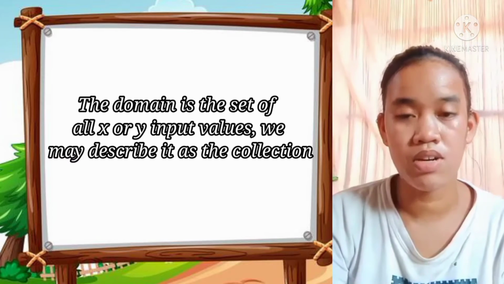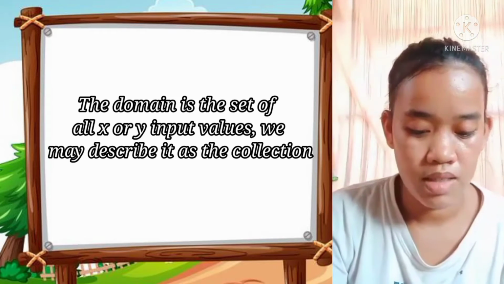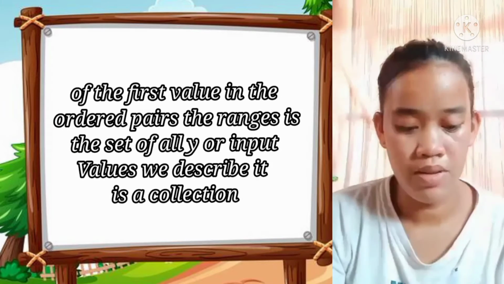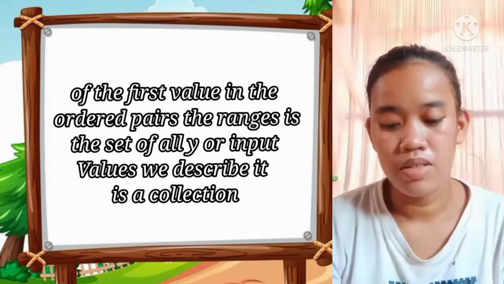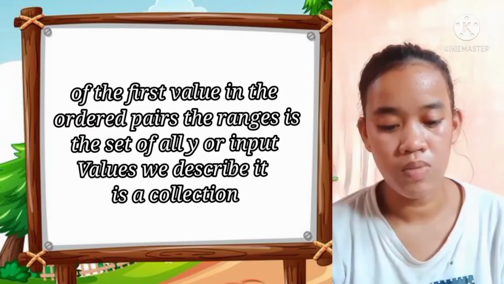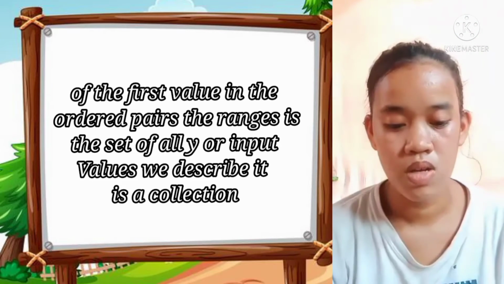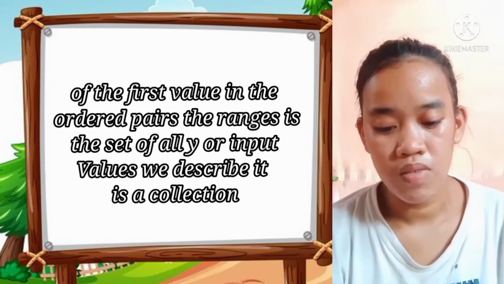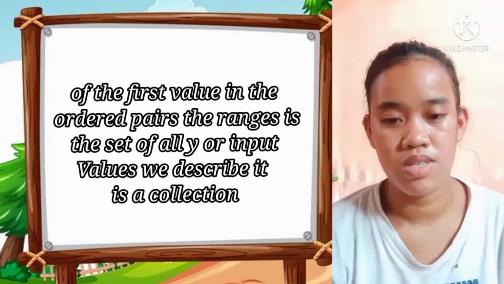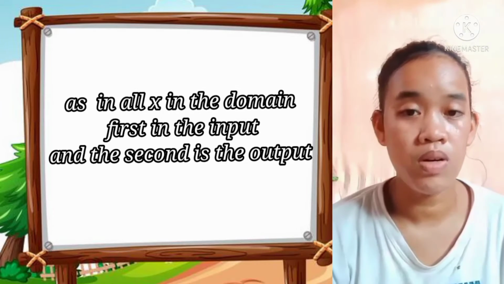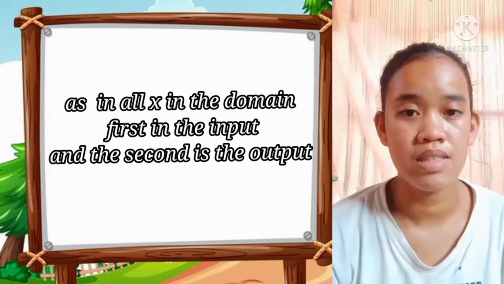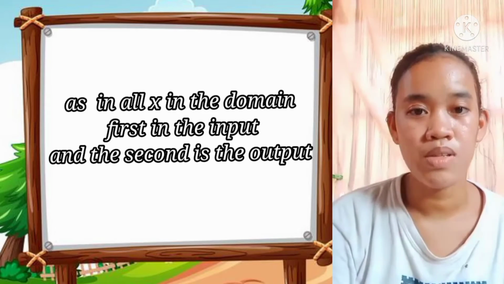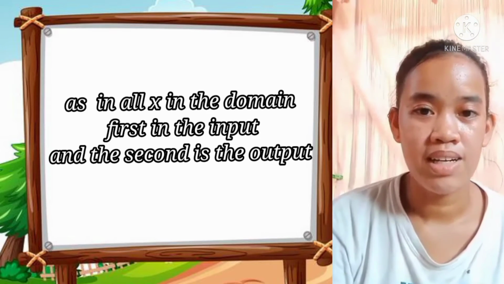We can describe it as the collection of the first values in the ordered pairs. The range is the set of all y or output values. We can describe it as the collection of the second values. As in, lahat po ng x sa domain ay nauuna, is input, lahat po yung ikalawa ay output.